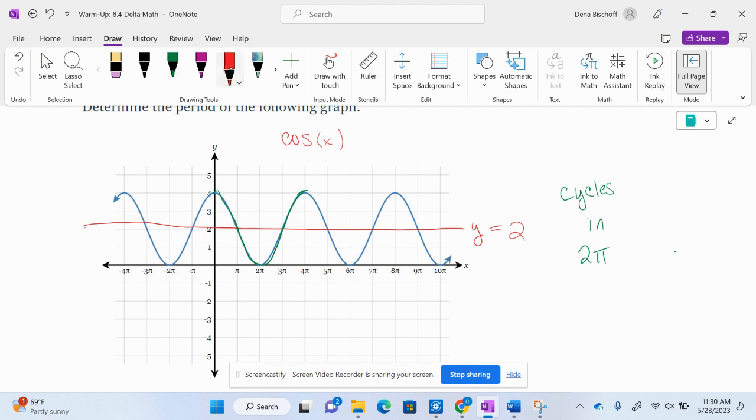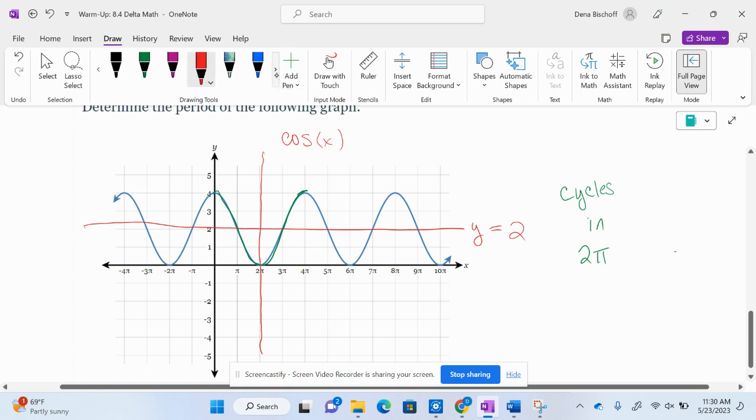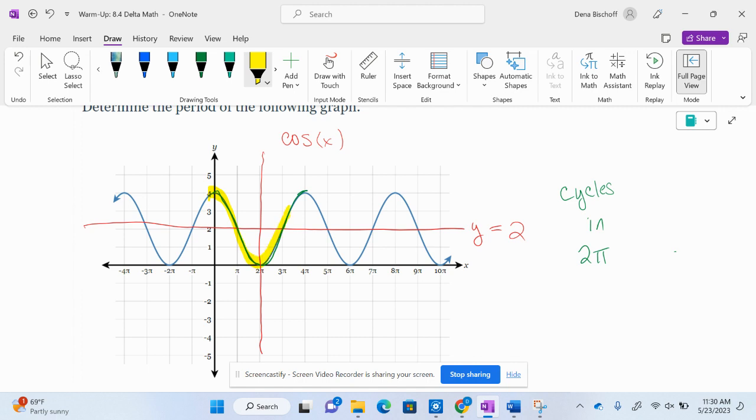So that's why we're looking at 2 pi. So if I look at 2 pi, that's that red line right there. If I were to grab a highlighter, you guys see that this actually takes 4 pi to complete one cycle, right? It takes 4 pi.